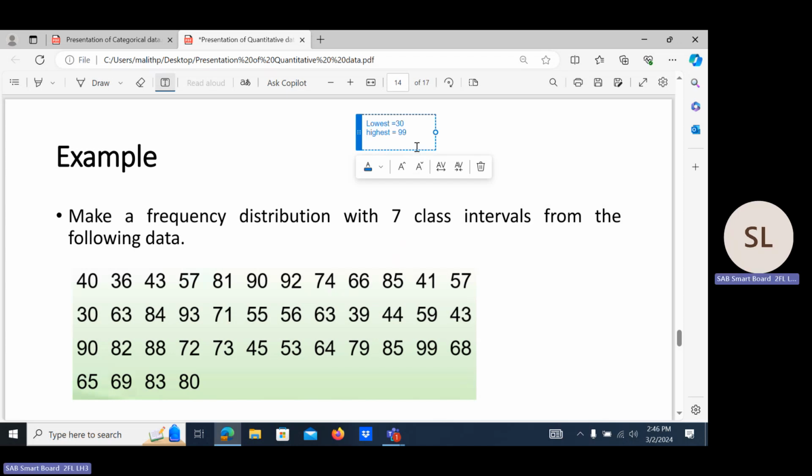Okay. Then what is the next step? Now we take the two values, highest one and lowest one. The next step is we calculate the range. How to calculate the range? Highest value minus lowest value. What is the range? 69.